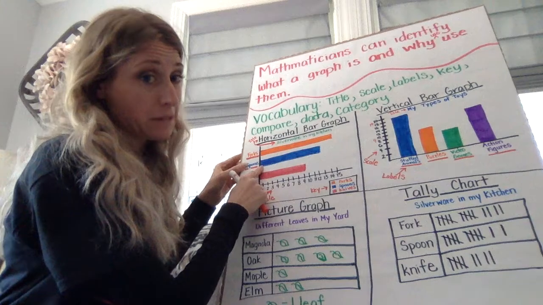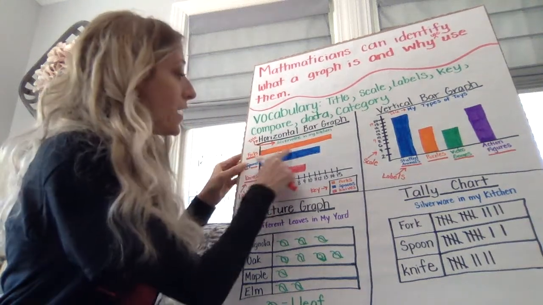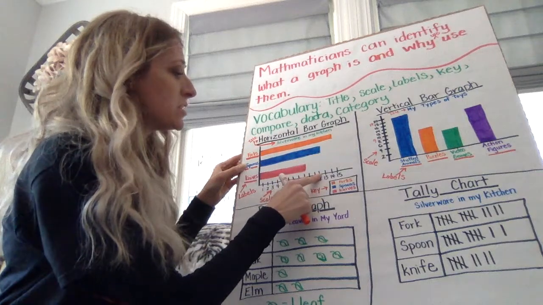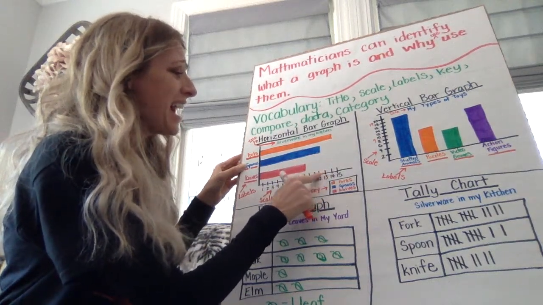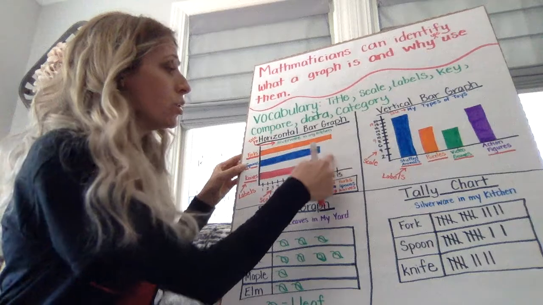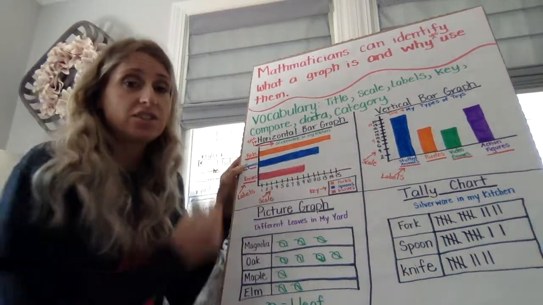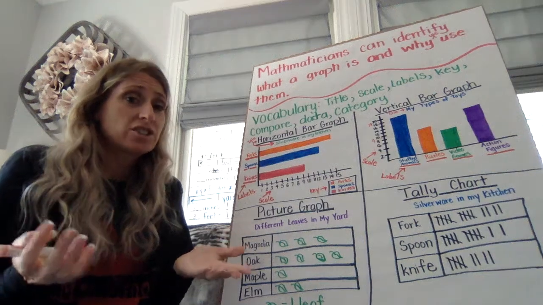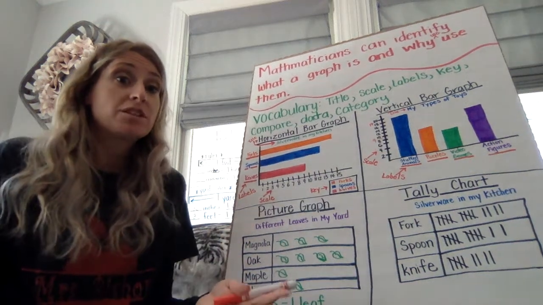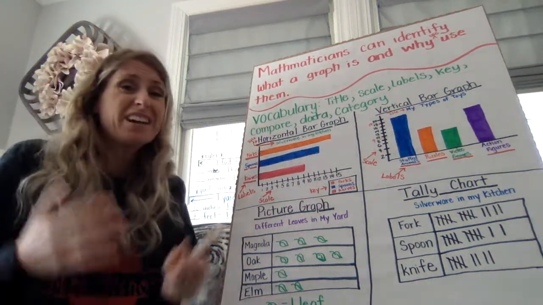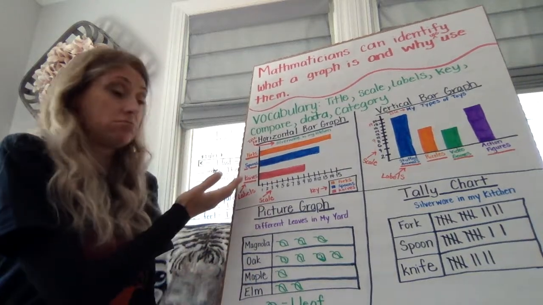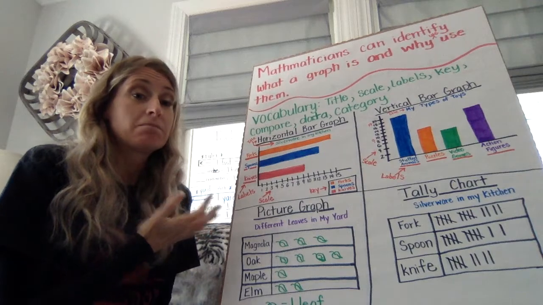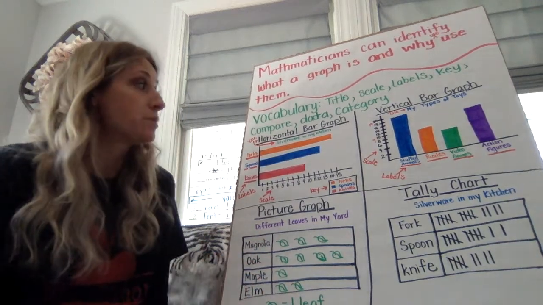I didn't perfectly line this up. I should have used a ruler. So I have 14 forks and 12 spoons. So I can easily see that I have 2 more forks than I do spoons. You can also answer other questions like, what did I have the most of in my kitchen? Forks. What did I have the least of in my kitchen? Knives. So it's an easy way just to look at this and be able to see what it represents.